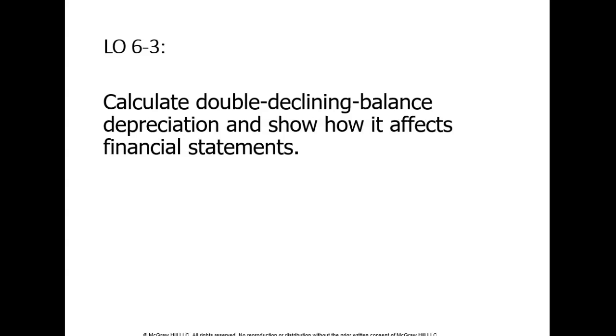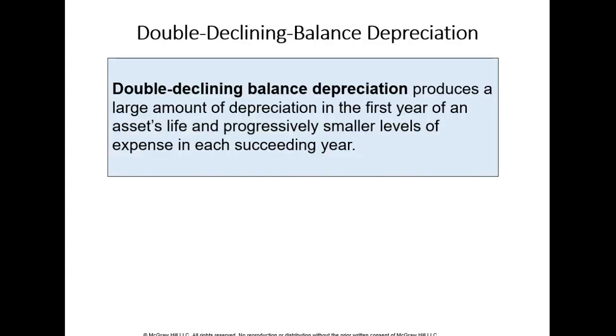All right, let's look next at the next method called the double declining balance approach. With this method, it is accelerated, meaning that we're going to expense a large amount in the asset's early years and a smaller amount as the asset becomes older.